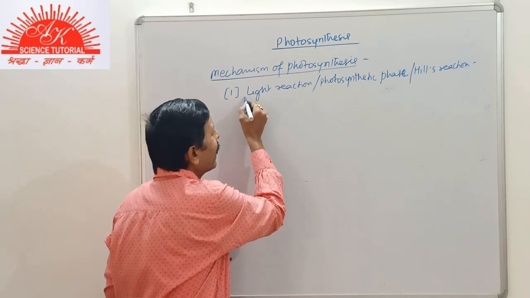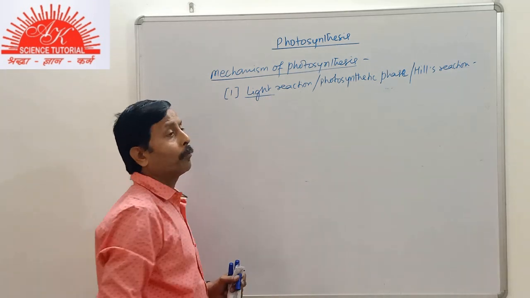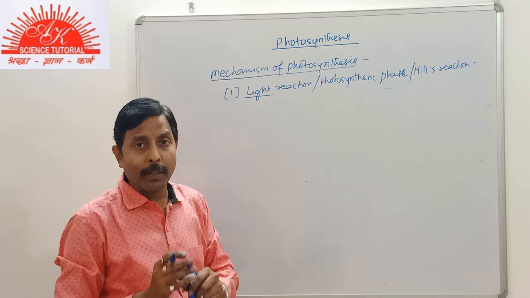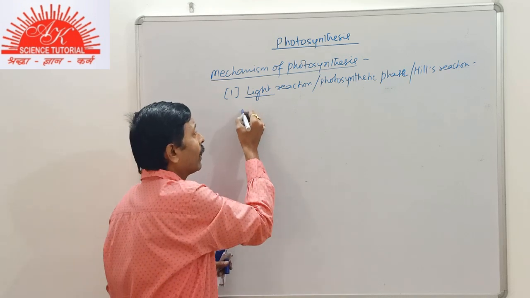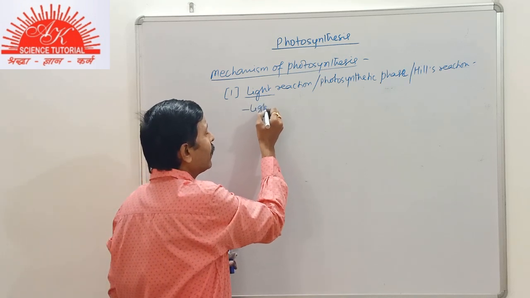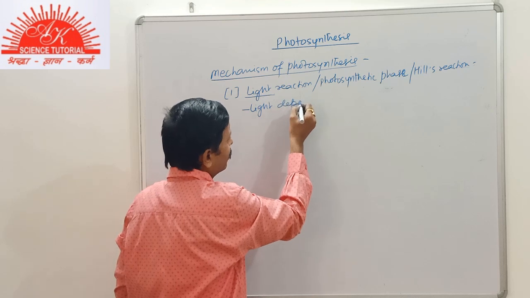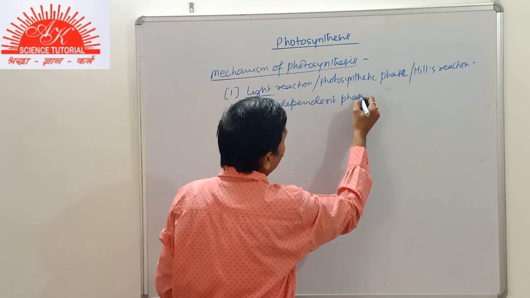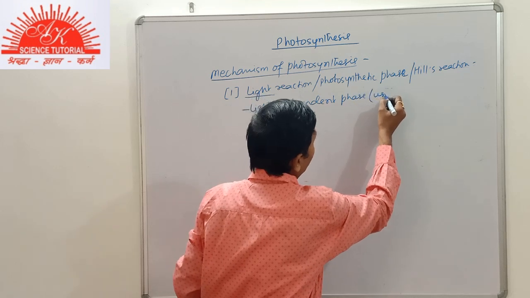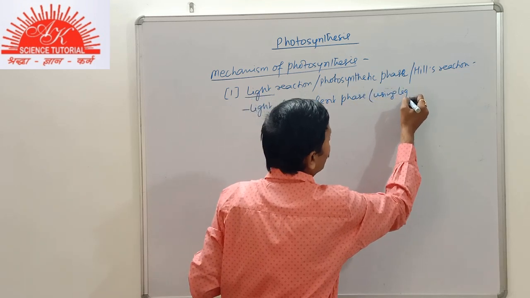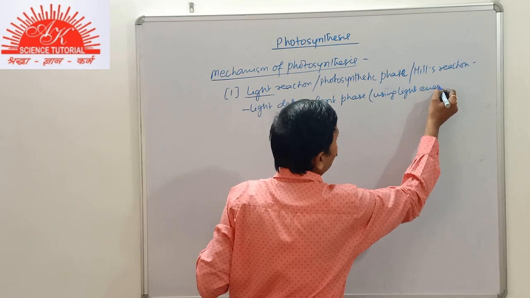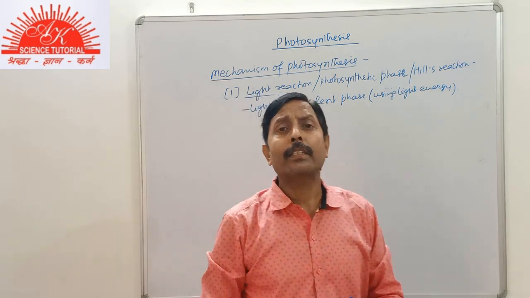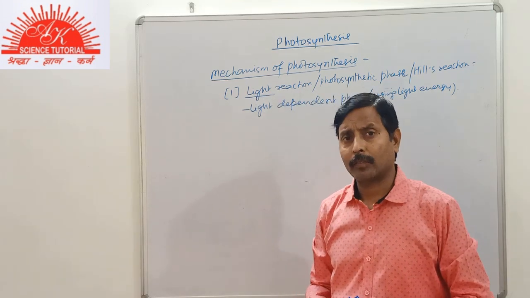As the name suggests, light reaction means there are a few terms which will be able to explain it clearly. That is, it is the light dependent phase, that is, using light energy. Sometimes we also say that it takes place in the presence of sunlight.